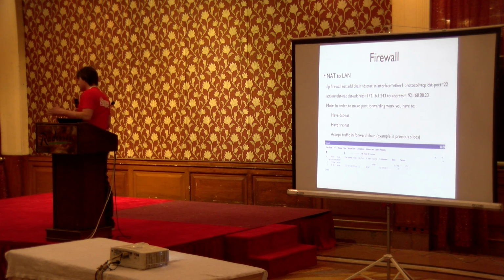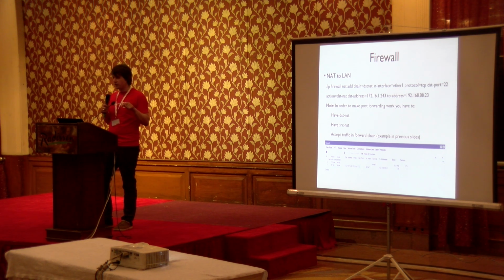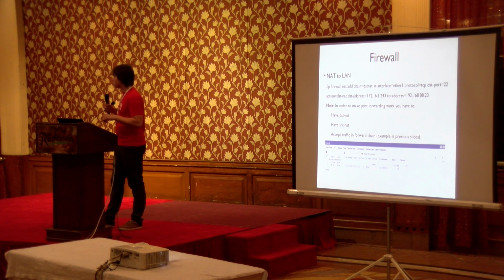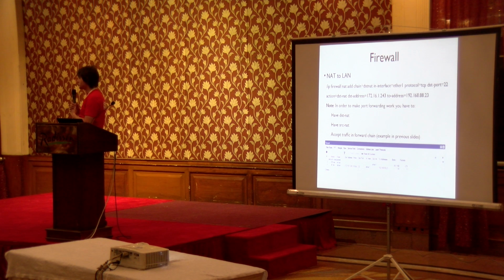When the packet comes to your public interface, your IP address from the router, it will replace the original destination IP address with the IP address specified by the firewall destination NAT rule. So this is the way you can send the packets directly to the local area network.